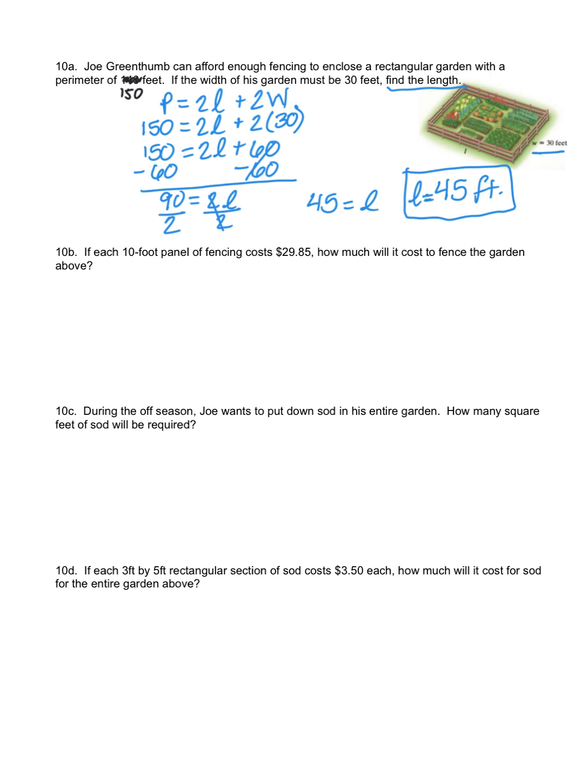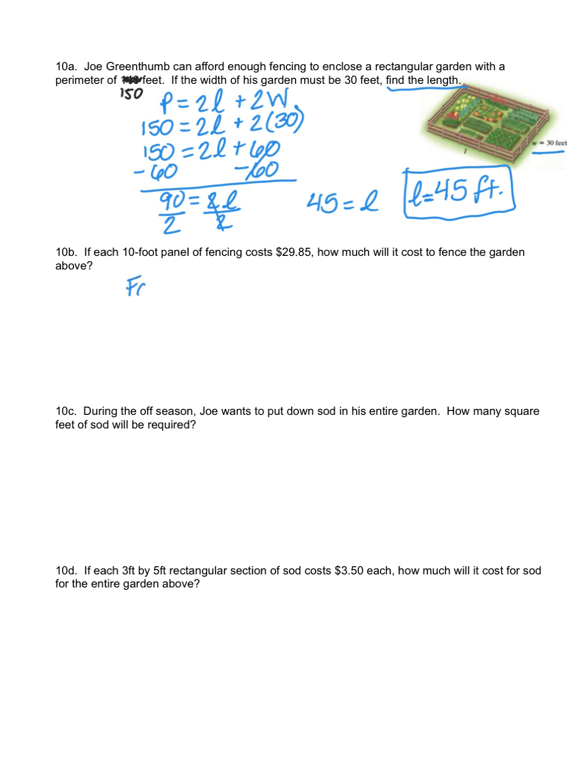Number 10B, if each 10-foot panel of fencing costs $29.85, how much will it cost to fence the garden above? Well, let's see. So we need how many feet of fencing? Well, we know that our perimeter is 150 feet.